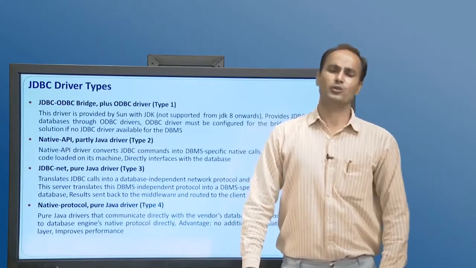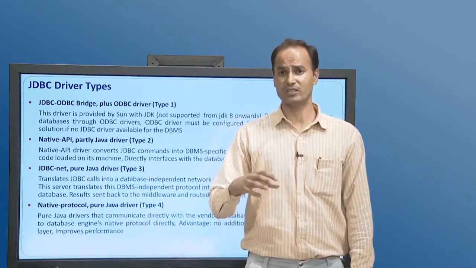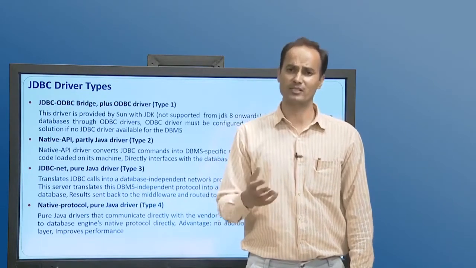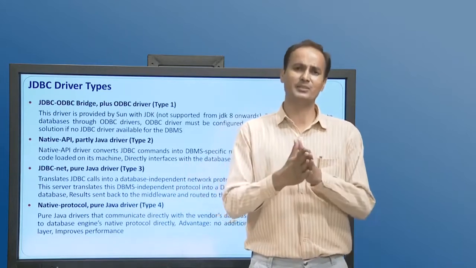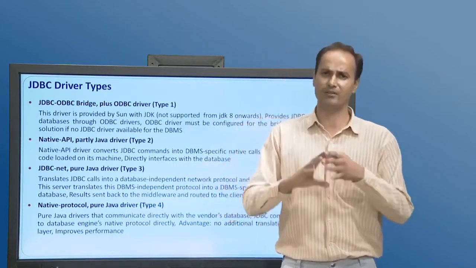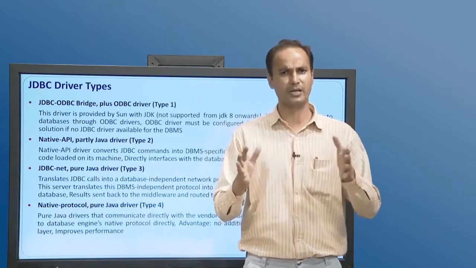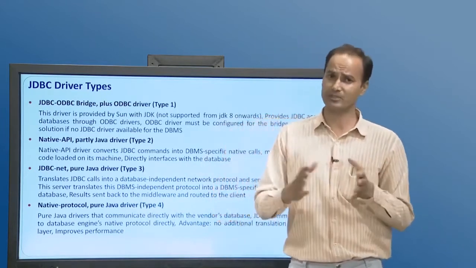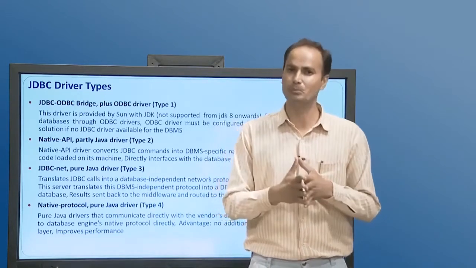Now when we are talking about JDBC, the question must come: what kind of drivers can we use to establish connections with the underlying database? JDBC drivers come in four flavors, also known as type 1, type 2, type 3, and type 4. So what is a type 1 driver? Type 1 drivers are known as the JDBC-ODBC bridge.